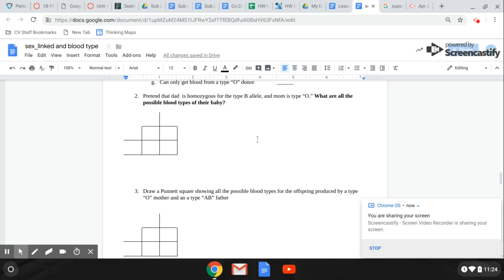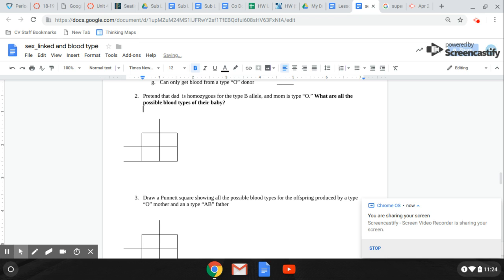As you can see from your cheat sheet, there are a couple of different ways to represent it. I'm just going to use B's and O's to simplify it. So for dad, he is homozygous B. If you look on your cheat sheet, homozygous is two capital B's.